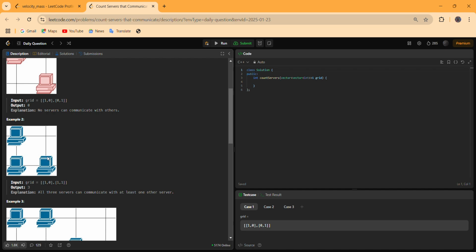Moving forwards, we have the last server for us. For this, if we move rightwards, we could not find any server. We could not move right or downwards, and upwards we could not find any. But if we move leftwards, we find a server.